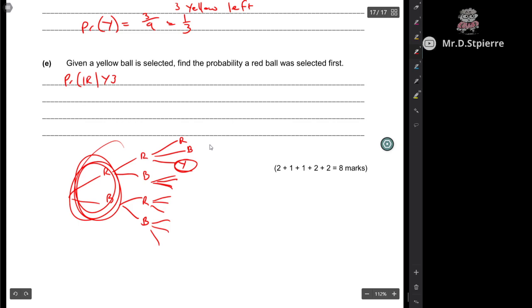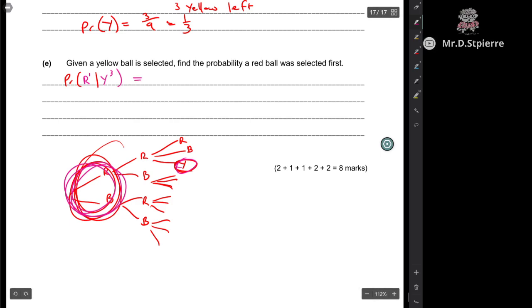So let me change my notation a little bit just to make that a little bit clearer. We're trying to find the probability that we get a red ball in the first go, given that we've picked a yellow ball in the third go. Picking a yellow ball in the third has no impact back here. They're actually independent events.